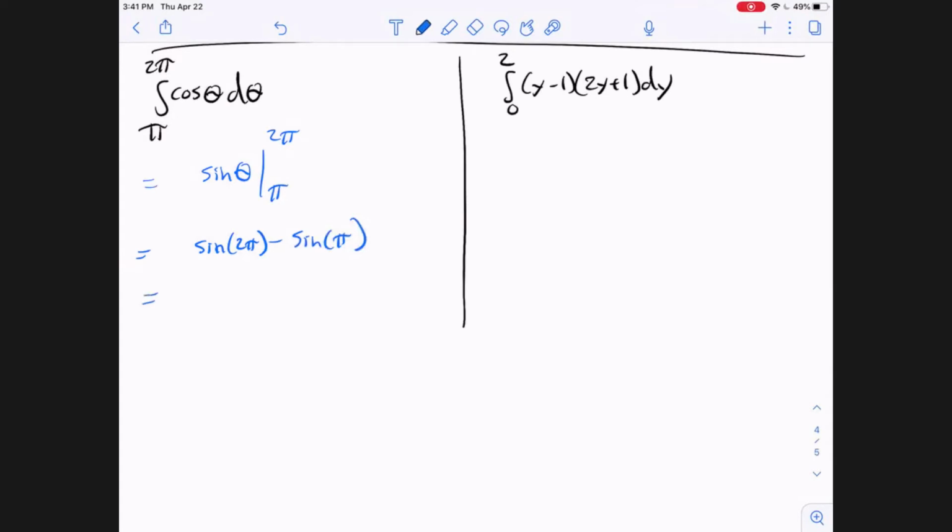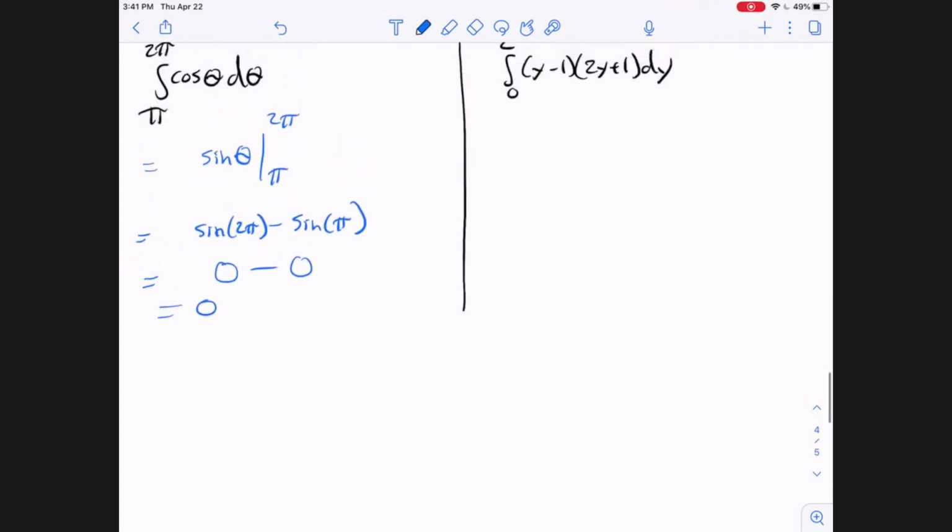Sine of 2 pi is the same as sine of 0, which is 0. Minus sine of pi. What is the sine of pi? 0. Yeah, okay.